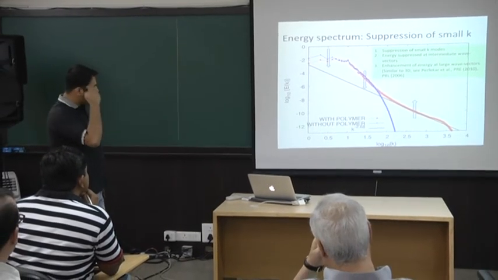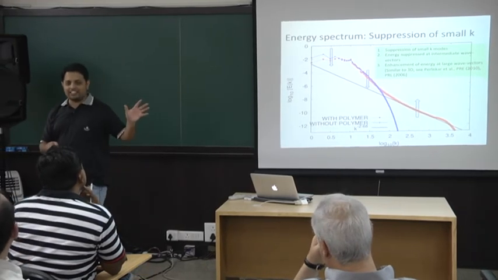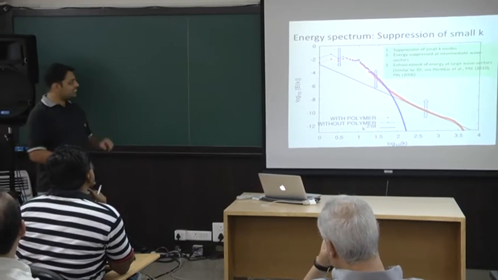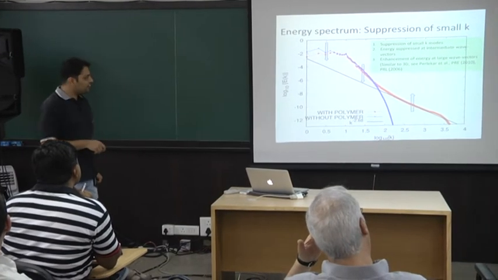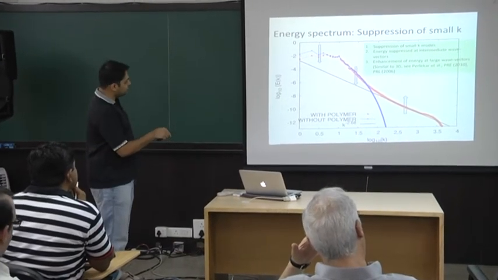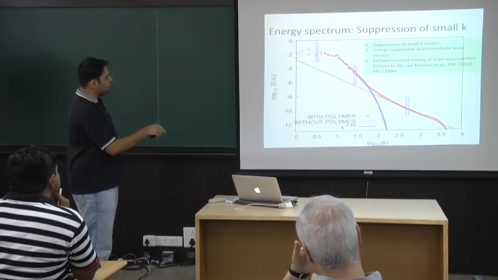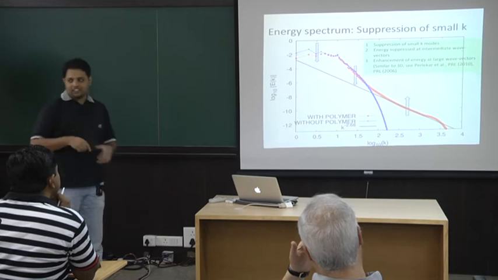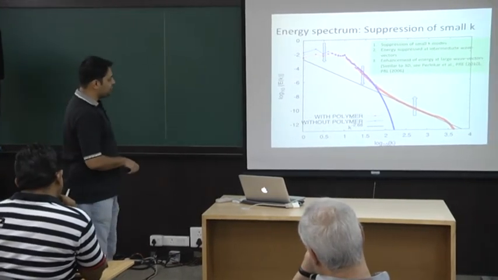Now unfortunately, I don't have a picture similar to the case of binary mixtures, where you could clearly say what is the length scale at which this thing is truncating. The energy cascade still goes all the way up to the smallest wave number, but still one could come up with a length scale where it starts to go down. I don't have a hand waving picture which tells you what this length scale is.